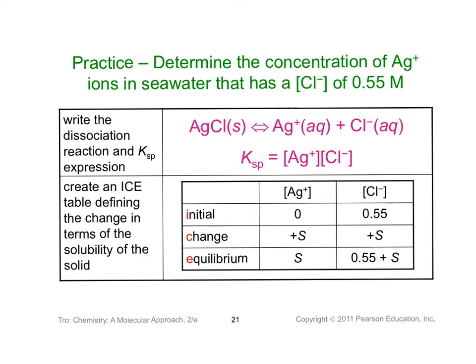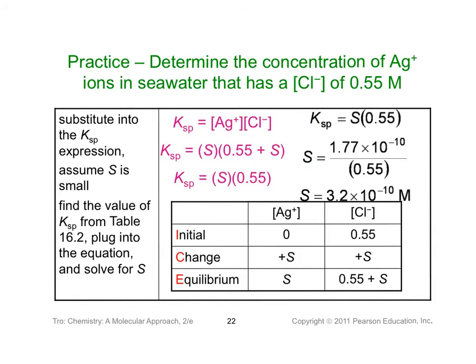At equilibrium, Ag+ is S, Cl- concentration is 0.55 plus S. Now it's a matter of plugging it in. Here's the expression, here it is plugged in, here it is solved, and you get 3.2 times 10 to the minus 10.